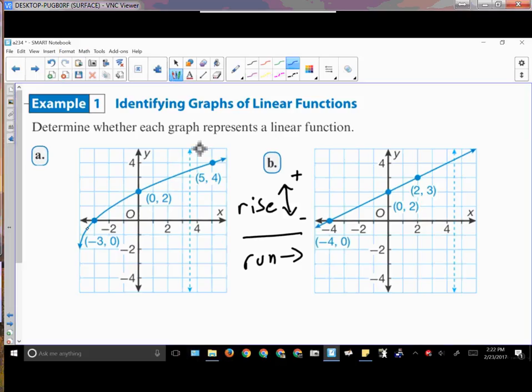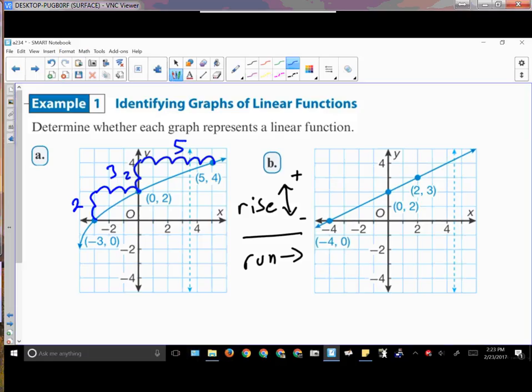So if I take a look at this one, it goes up 1, 2, and over 1, 2, 3. Now if I look at this one, it goes up 2, so that's the same, but it goes over 1, 2, 3, 4, 5. Because the slope is not the same between these points, it's not a line. I should be able to go up 2 over 3 every single time.